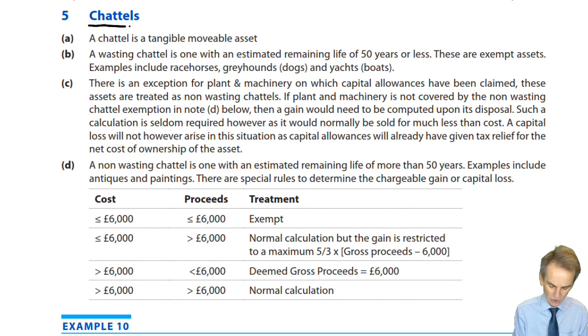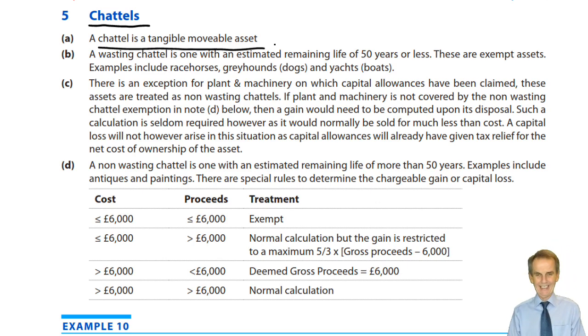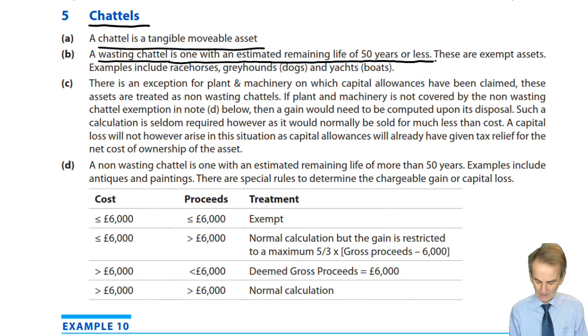The term was chattels, and we defined a chattel as a tangible, movable asset. What we'll also get to know now is that there's something called a wasting chattel, and that is said to be one with an estimated remaining life of 50 years or less.